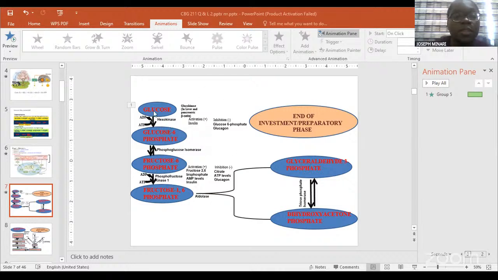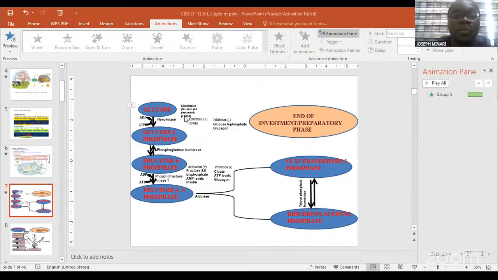I was explaining the breakdown of glucose, from glucose to glucose phosphate, from glucose phosphate to fructose bisphosphate, and fructose 1,6-bisphosphate is broken down to glyceraldehyde 3-phosphate and dihydroxyacetone phosphate. Hexokinase converts glucose to glucose phosphate.